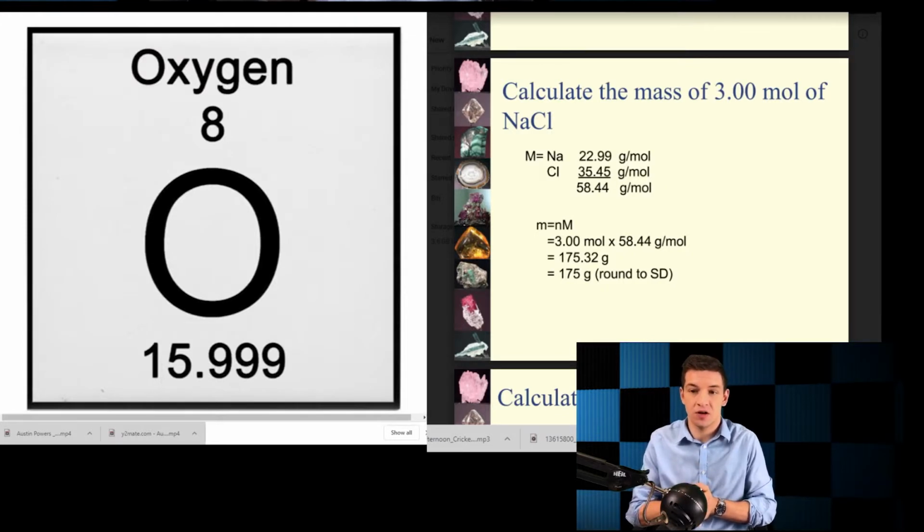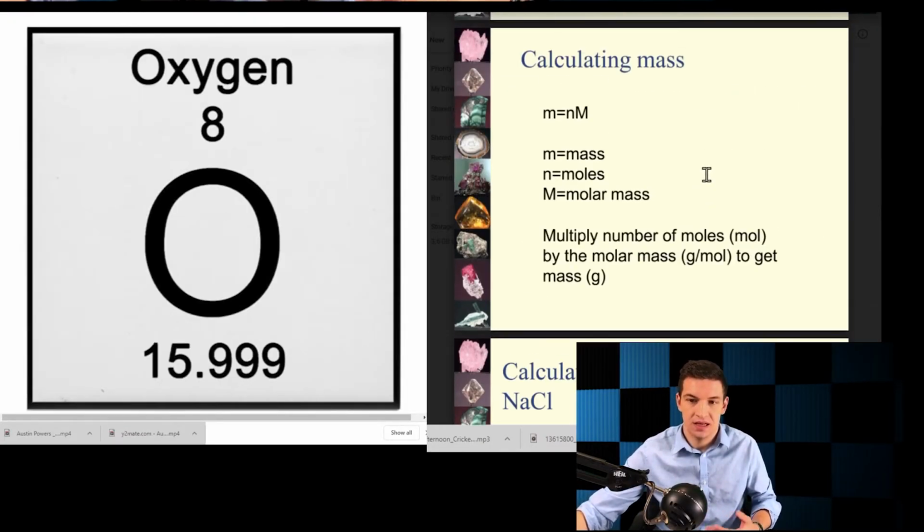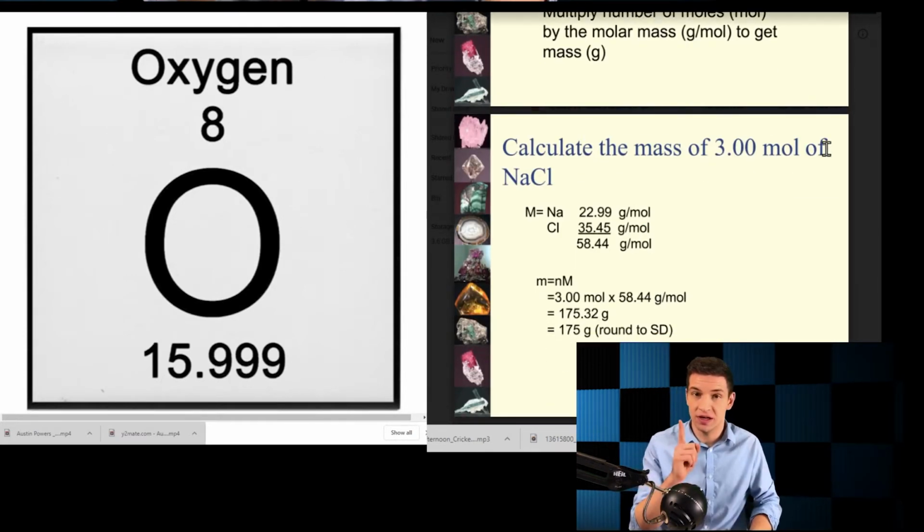Taking a look at sodium chloride, the mass of 3.00 moles of sodium chloride. So what we do here is we follow that formula, okay? Capital M is the molar mass. So the molar mass of sodium is 22.99. We should know this by now, okay? And then the molar mass of chlorine is 35.45.